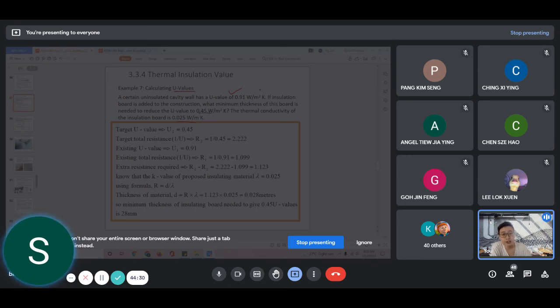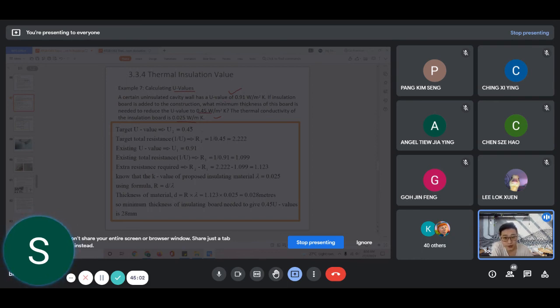Meaning we already have an existing building, but because it's uninsulated, we want to add extra insulation, which is the insulation board, to reduce the U value of this building to this level. So how thick a material do we need to use to reduce the thermal transmittance of this construction?